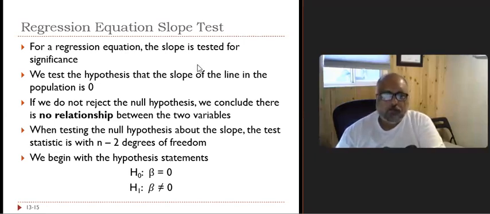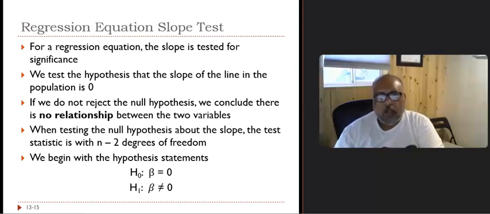Regarding the correlation, the slope of the regression line equation shows how much the dependent variable changes with each unit change in the independent variable, which is x. A hypothesis test can determine if this slope is significantly different from zero.